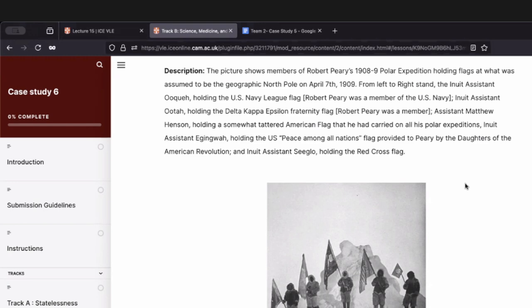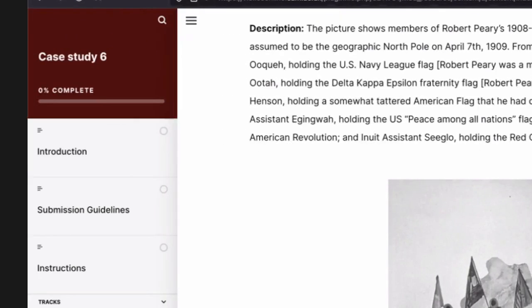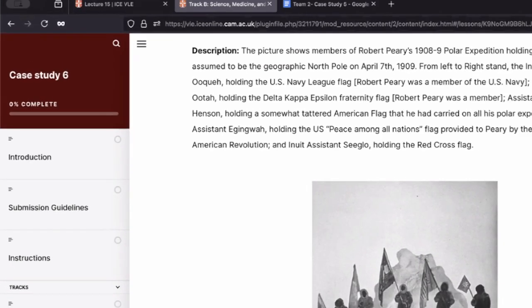sense of claiming. Interesting point, Ishan, about the Inuit people also holding the flag, but would you say it's showing their contribution? They're not holding their own symbol here. They're being kind of used as bodies to hold flags that the Americans have brought. What does that say? The fact that they actually can't display their own identity here. We can't see their faces, and they're not holding up anything of theirs.